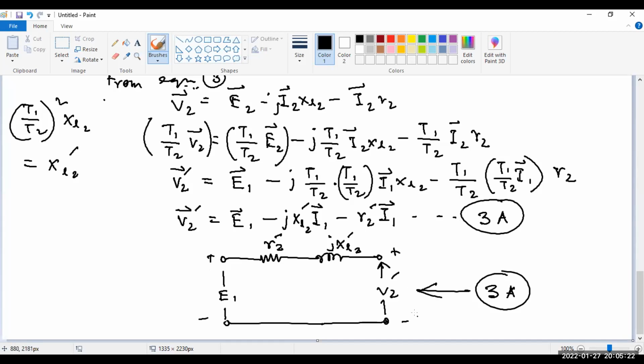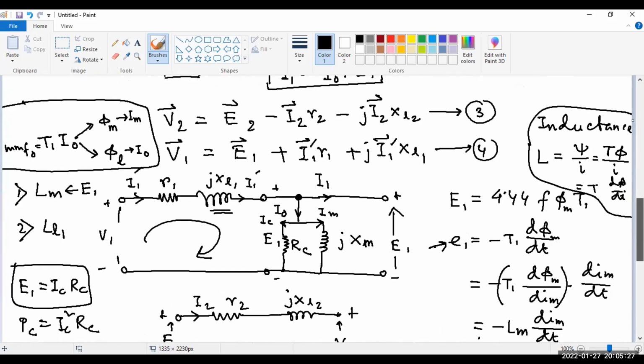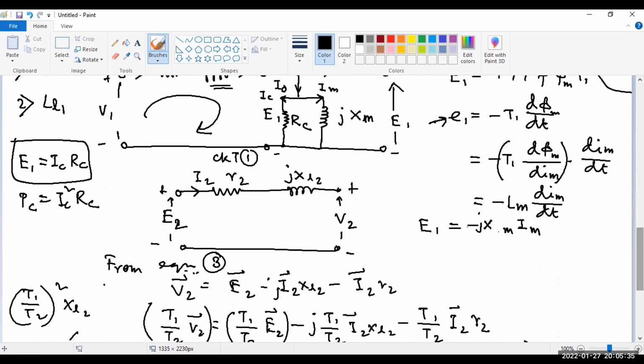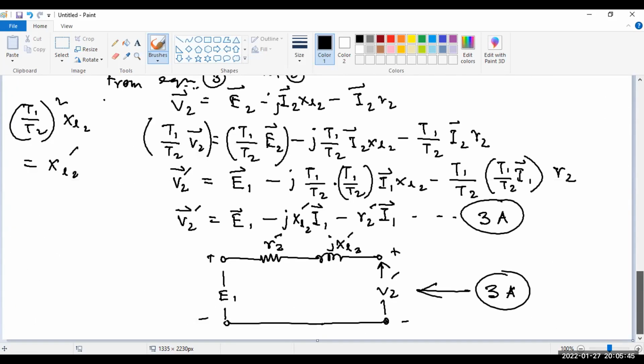Now you see this 3A, you can connect directly with the circuit number 1. If this is circuit 1, and this is circuit 2, this 3A circuit you directly connect with circuit number 1. You see the voltages are the same: voltages are E1, currents are I1.